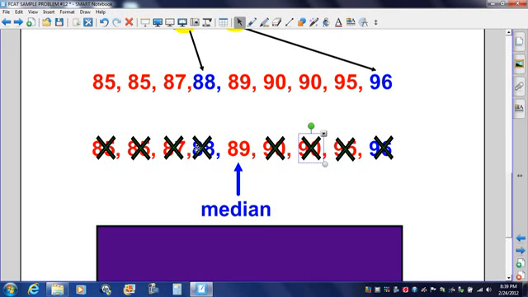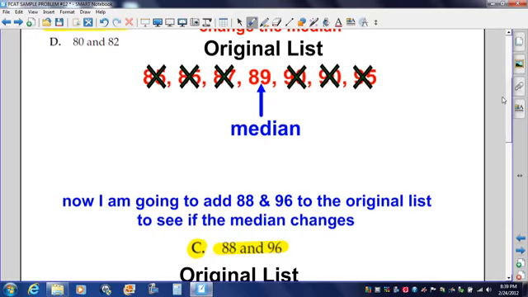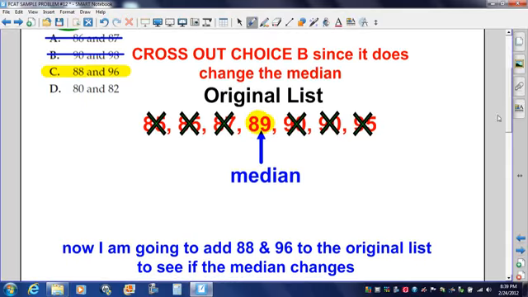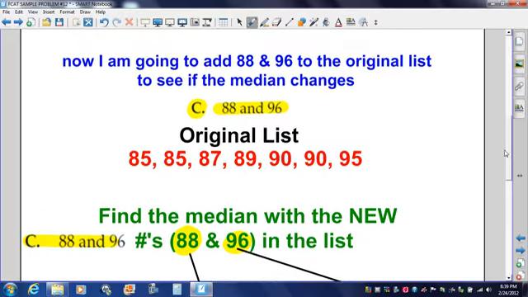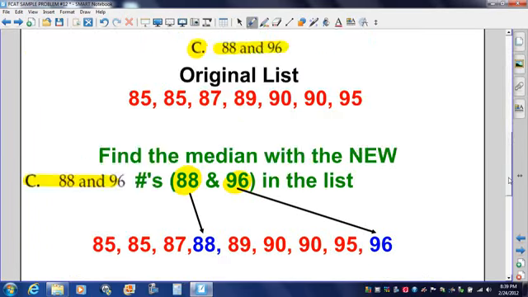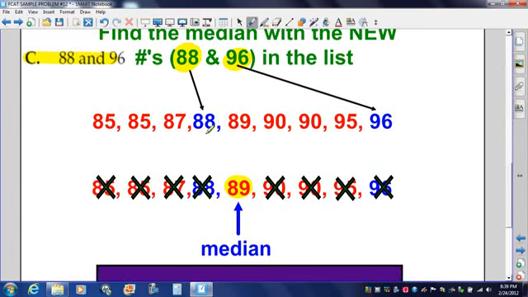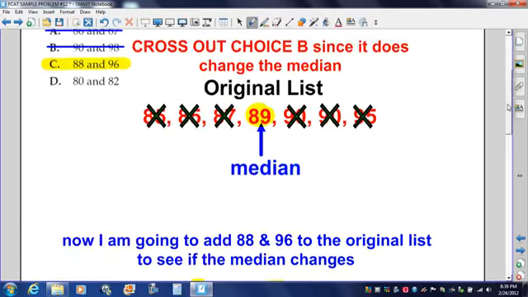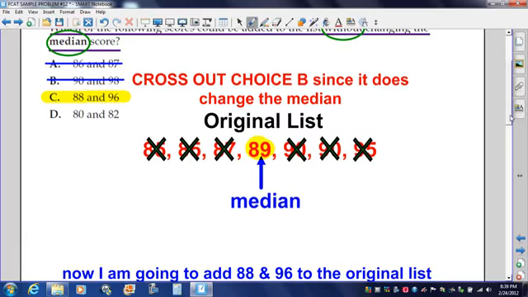And when you do that, you should see that the median, strangely enough, is still 89. It originally was 89. So I think I found the correct answer because when I added 88 and 96 to the list, I still get a median of 89.